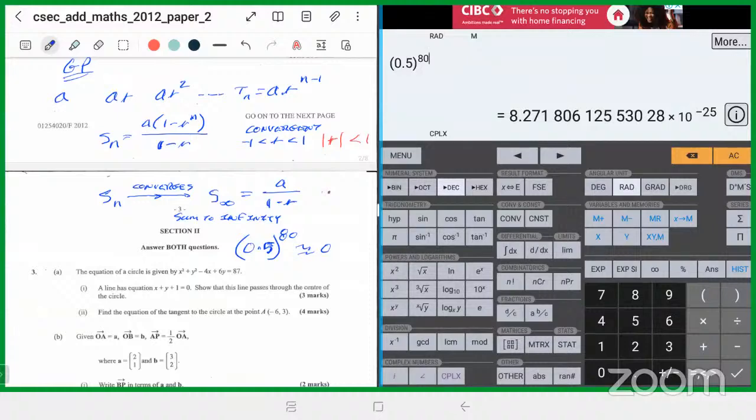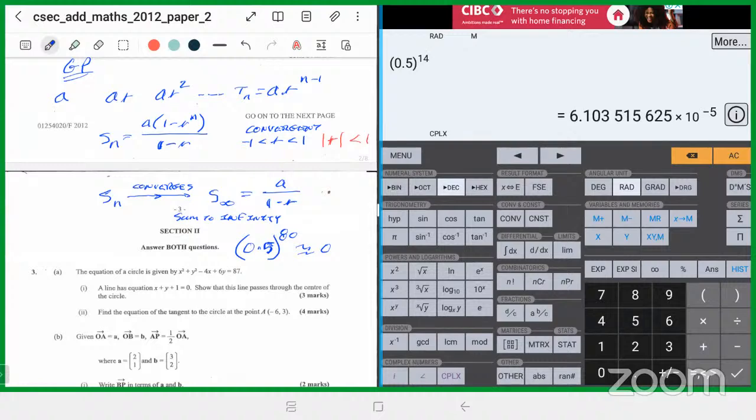Let me use the power 20. Still a very small number. Let me go to the power 10. That's 0.00 something. The more I go, it gets smaller and smaller. 12, 13, see, it's getting smaller and smaller. 14, see, it has gone into 10 to the minus power now.